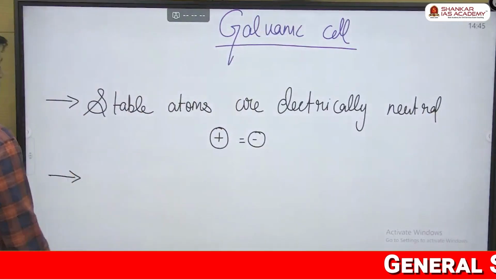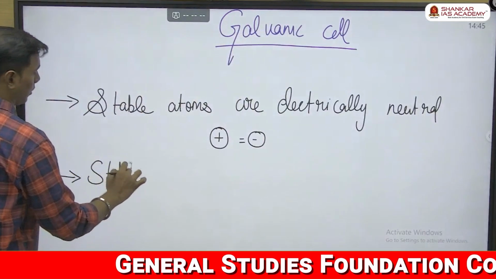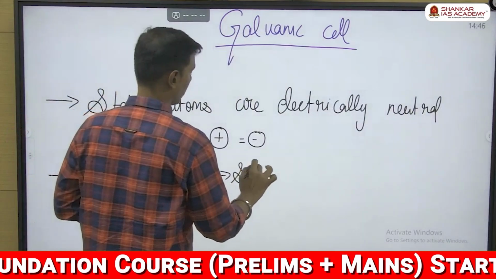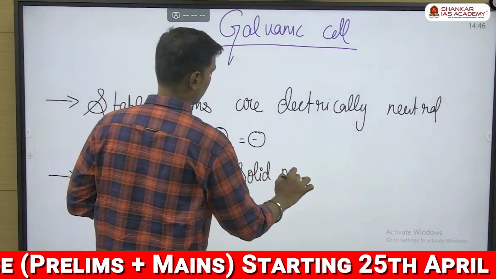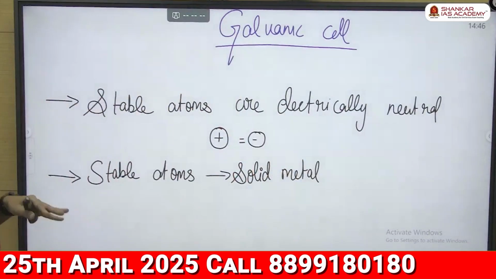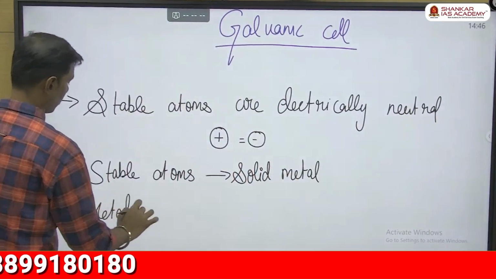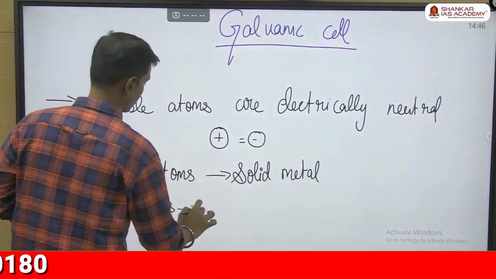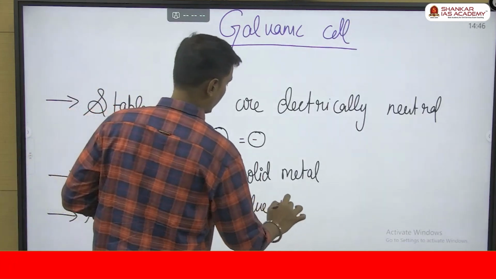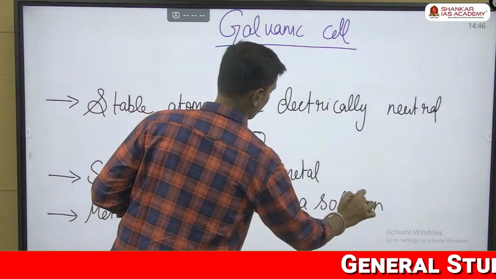And then the next one. Stable atoms make solid metal. But metal ions will dissolve in a solution.